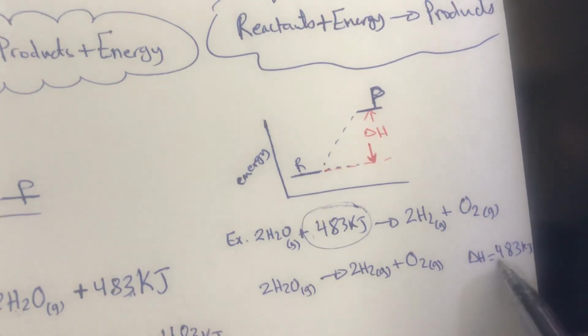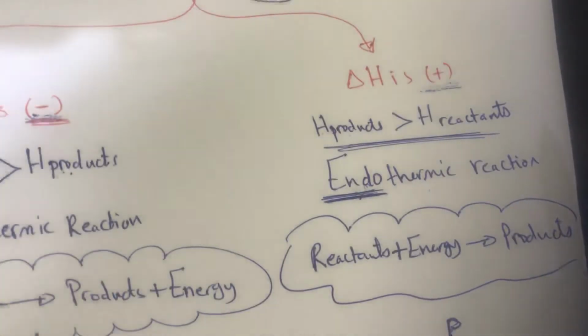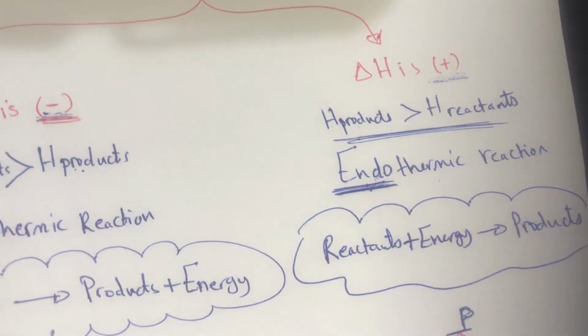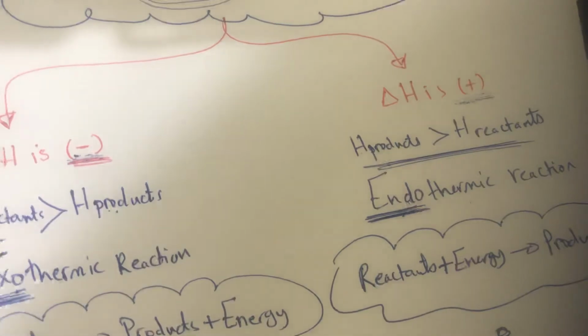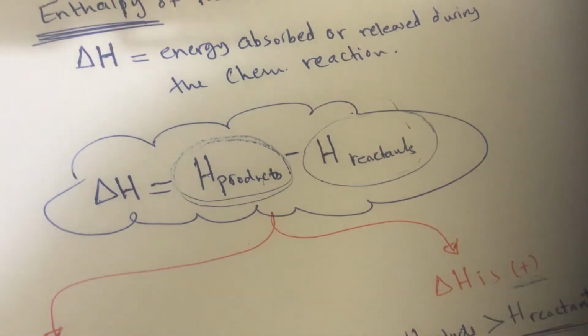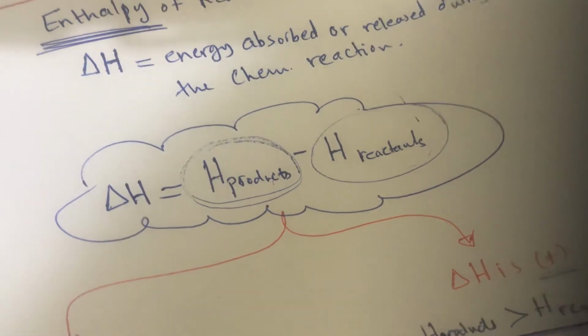So here the sign is positive, and positive means endothermic reaction. So how do you use this rule to calculate the amount of energy absorbed or released from the reaction? You have to use Hess's law.